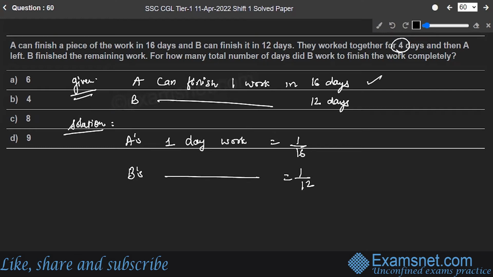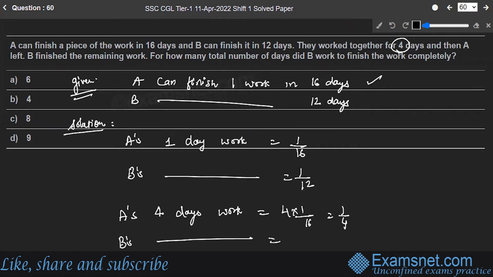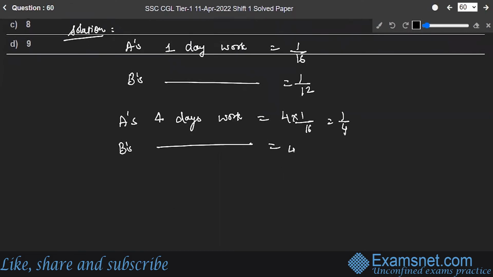So if A's 1 day work is 1 by 16, A's 4 days work will be 4 into 1 by 16, that is equal to 1 by 4. Similarly, B's 4 day work will be equal to 4 into 1 by 12, which is equal to 1 by 3. This is A's 4 day work and B's 4 day work.